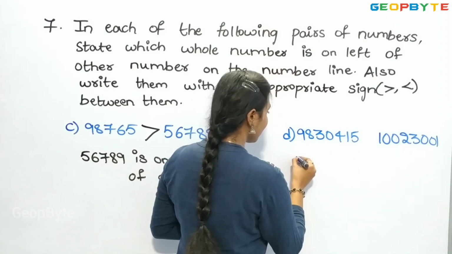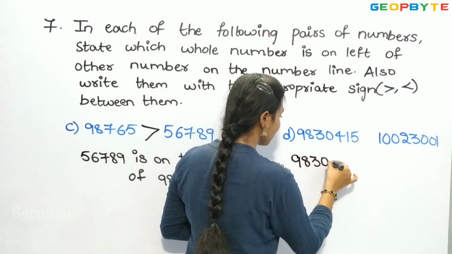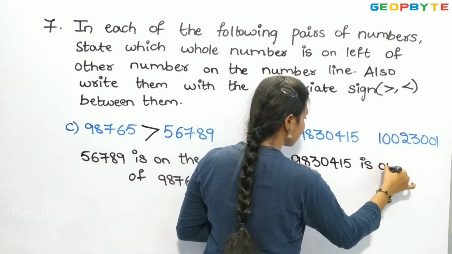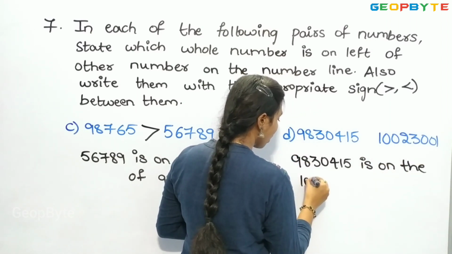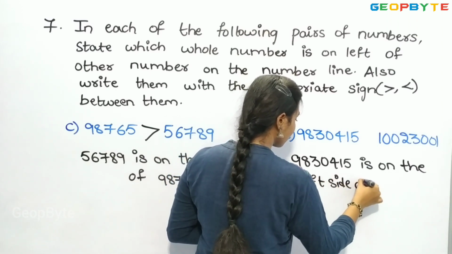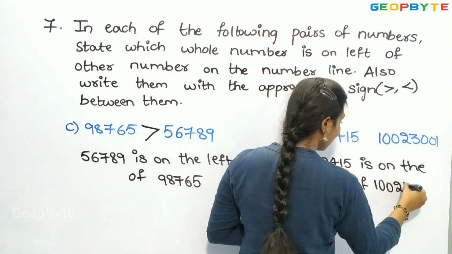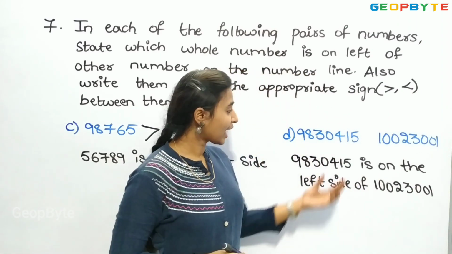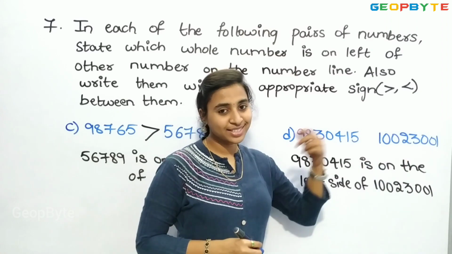So, 98 lakh 30,415 is on the left side of 1 crore 23,001. Right? As this is a smaller number, it is on the left side of this number.